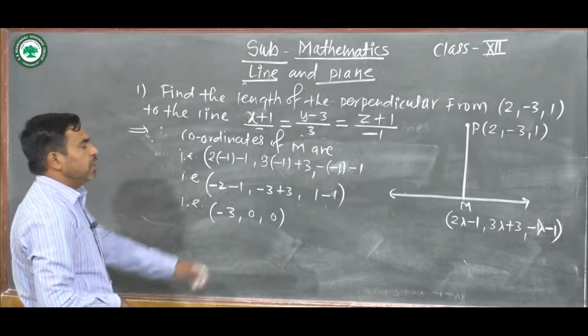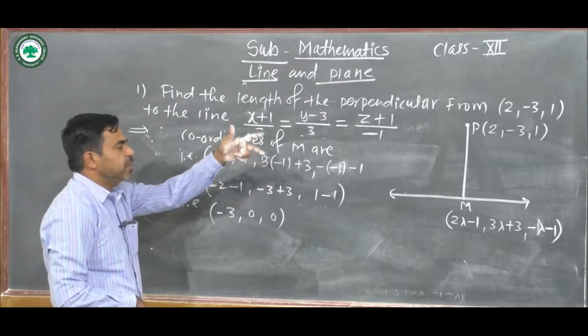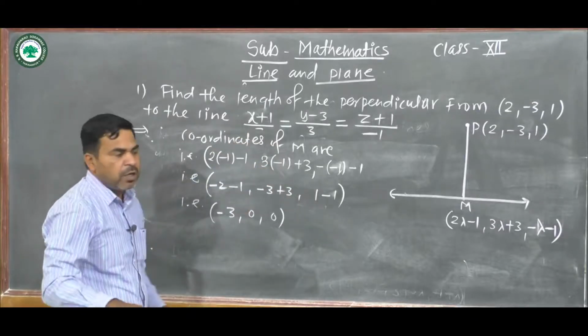Now we have to find out the distance between 2 points, that is PM, and that is the length of the perpendicular.